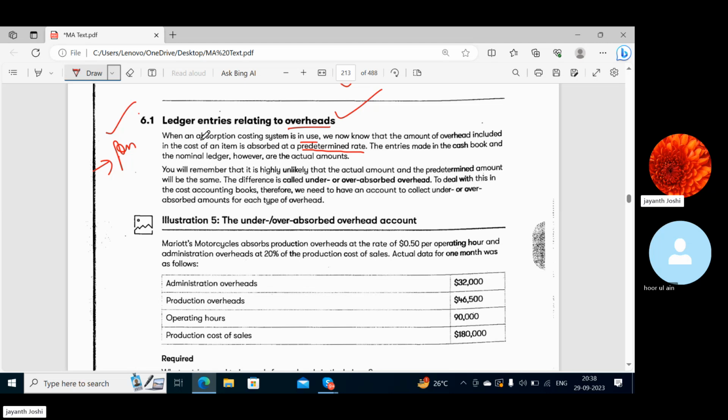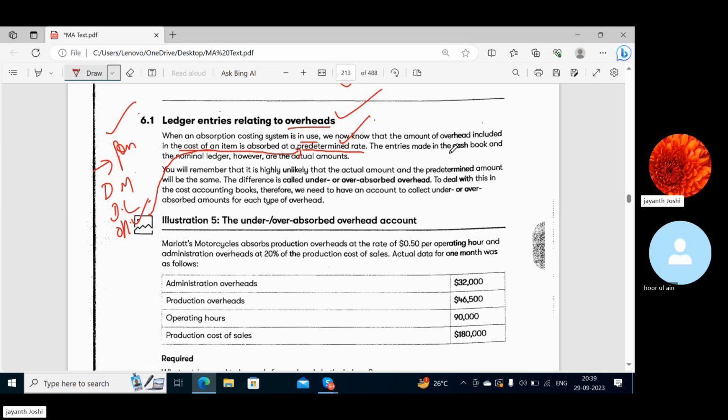So when an absorption costing system is in use, the cost is direct material, direct labor, and overheads absorbed at a predetermined overhead rate. Why? Because you are taking the budgeted activity and budgeted overheads, and then finding out your predetermined rate.